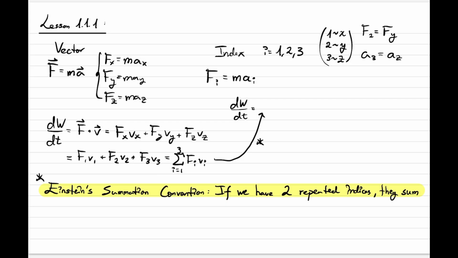So in index notation, this formula would look just like Fi Vi. So it's very compactified. It's the same length as with the vector notation. So we are seeing that it's also a very decent notation for the dot product.